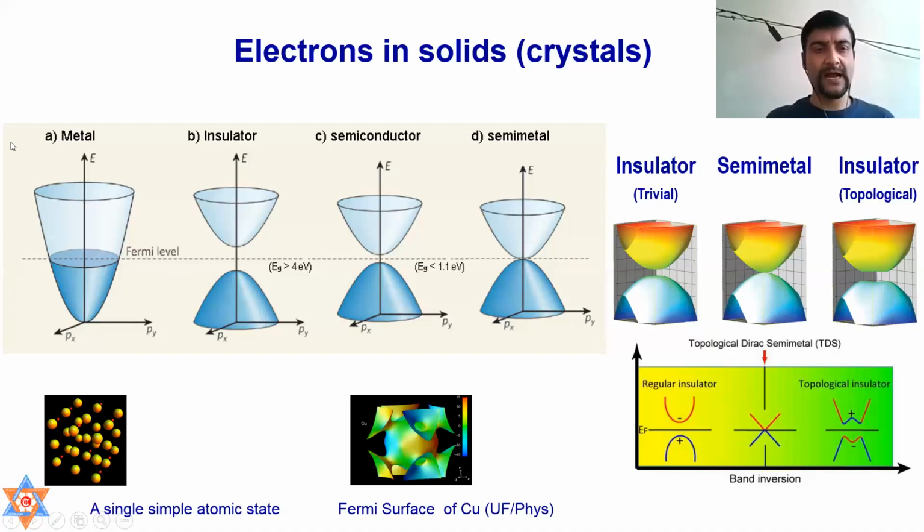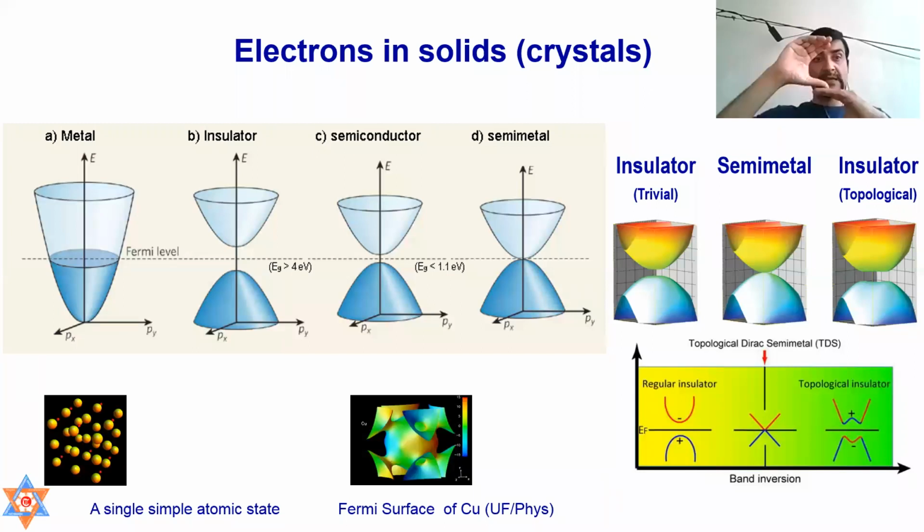In this figure, I have a dotted line here. This dotted line represents the Fermi level. And from our BSc teaching, what we understand is that it is the level up to which the maximum number of electrons can be occupied. The Fermi level actually separates the occupied bands, which we call the valence, and the unoccupied bands, which we call the conduction.